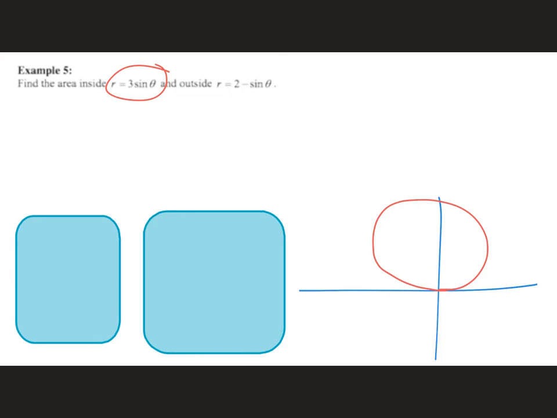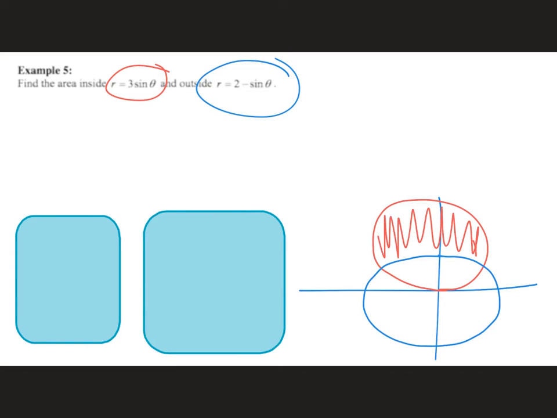And then the second piece, 2 minus sine theta, is going to look more like this. It gets a little flat there. And those are your two pieces. So we want to go inside the red, outside the blue. So we want this region here.